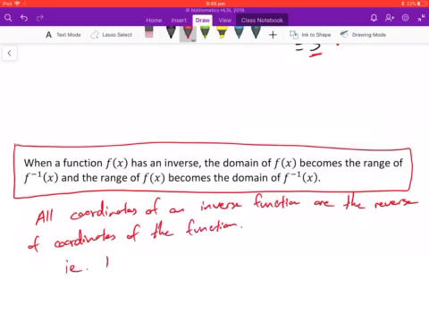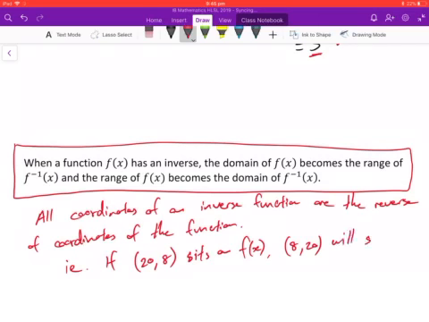So what I mean is, if 20, 8 sits on f of x, 8, 20 will sit on f inverse x. And that's always going to be true.